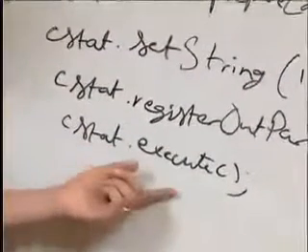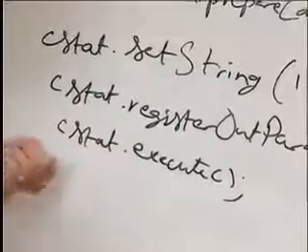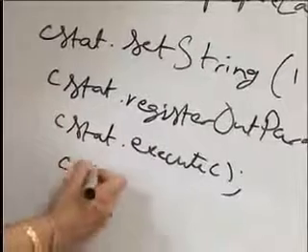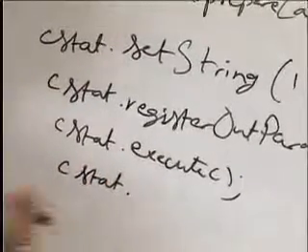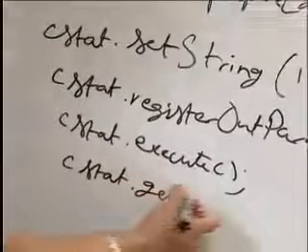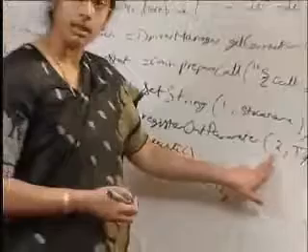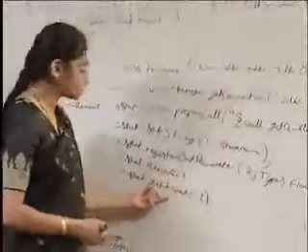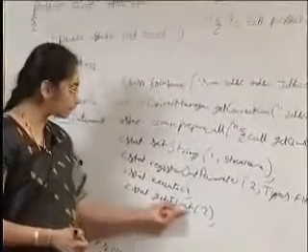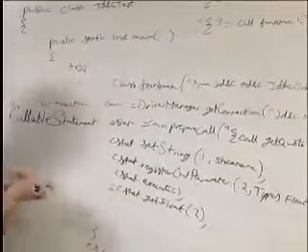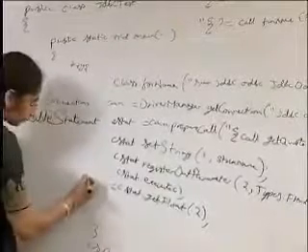Once you execute your procedure, then you can retrieve back the out parameter value. To retrieve back the out parameter value, you say cstat dot get float of 2. Because the second parameter was the out parameter, you need to fetch back that out parameter value as a float since you have registered it as a float and make use of it.